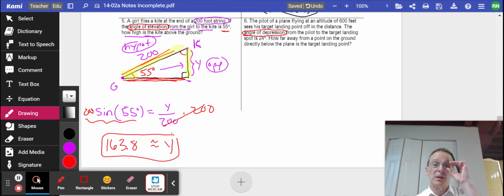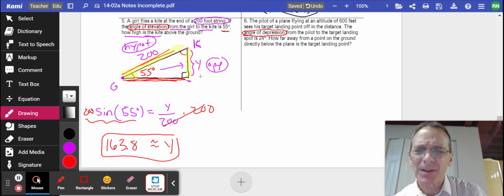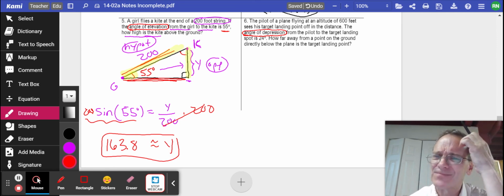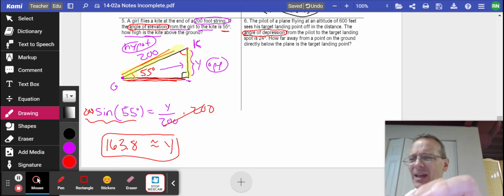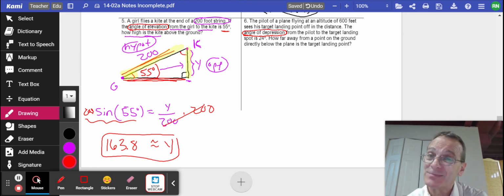Does that seem reasonable? Well, it's got to be less than 200. We know that because 200 is the hypotenuse. Now, does that look like 163.8 compared to that 200? I don't know. That Y looks pretty short. You know what the problem is? Problem is that angle doesn't really look like a 55-degree angle, right?